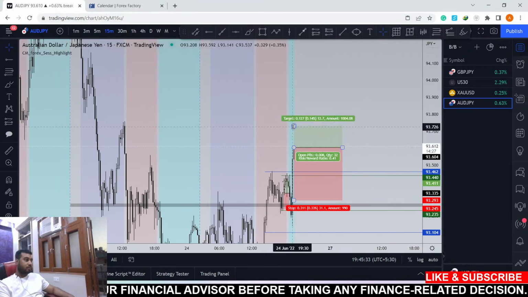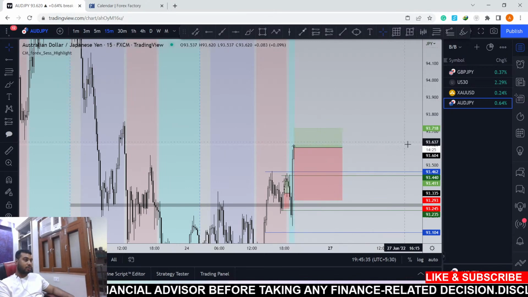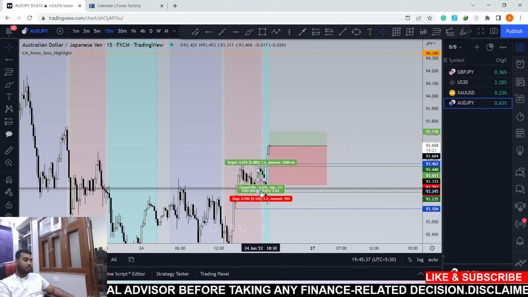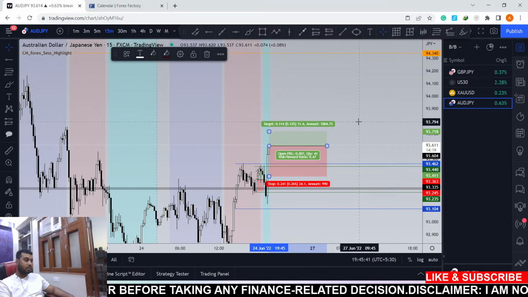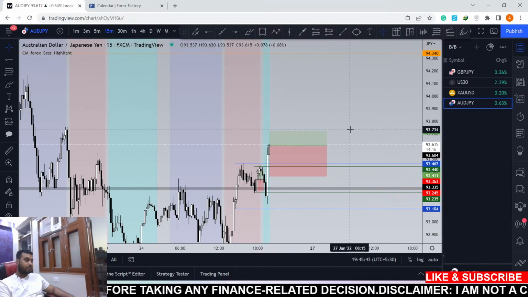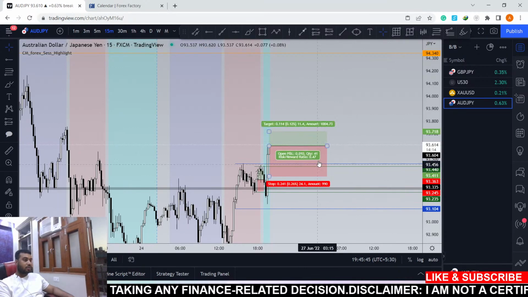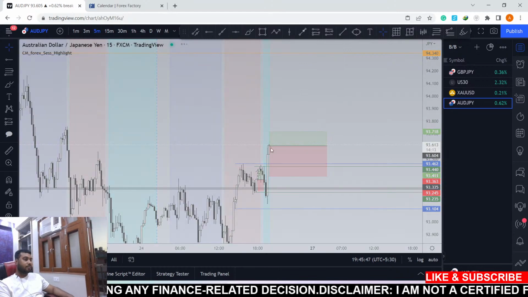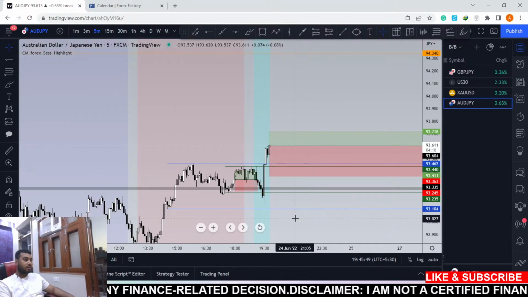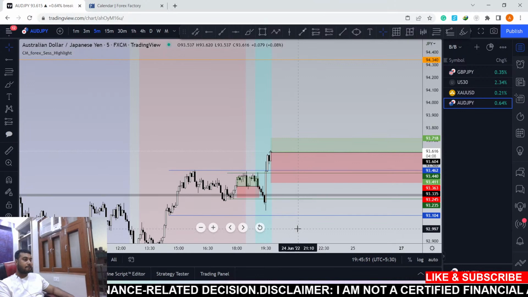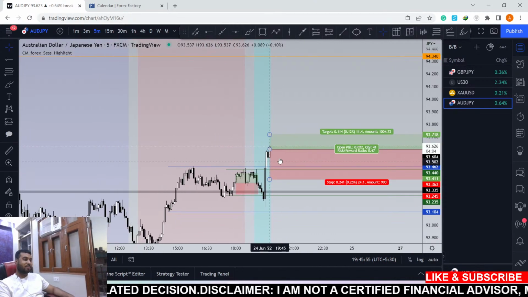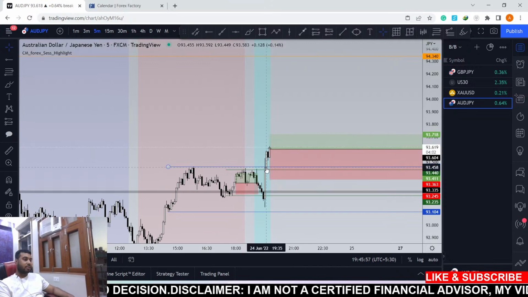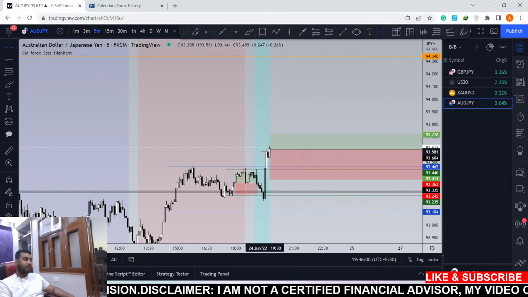This would be a trade where I would like to receive somewhere around this area only. In this sort of condition, it is a very high probability trade, I would say. Came down, retraced around this area, just broke this side.